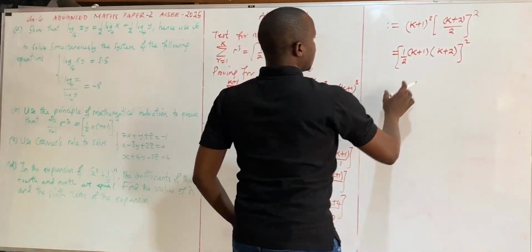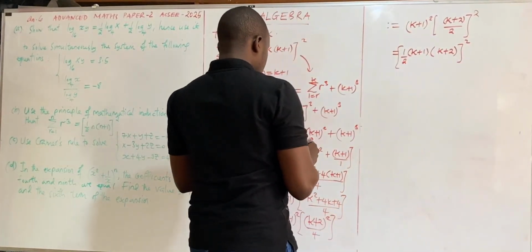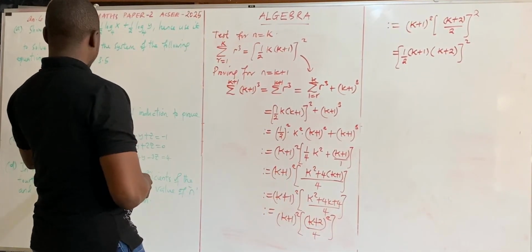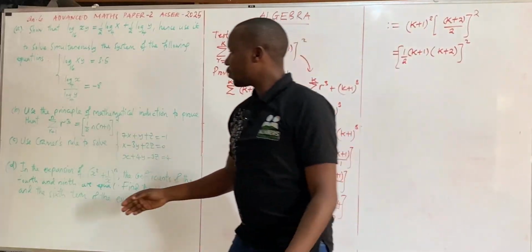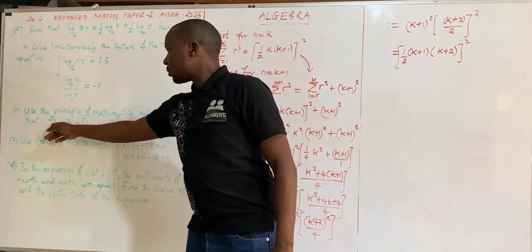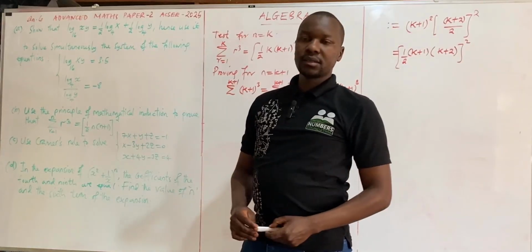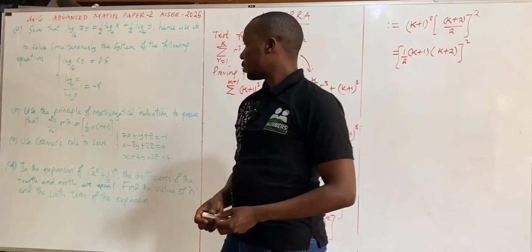So from there now, we can say the principle of mathematical induction works to show that the left-hand side, the sigma notation, and this right expression are equal. That is true.